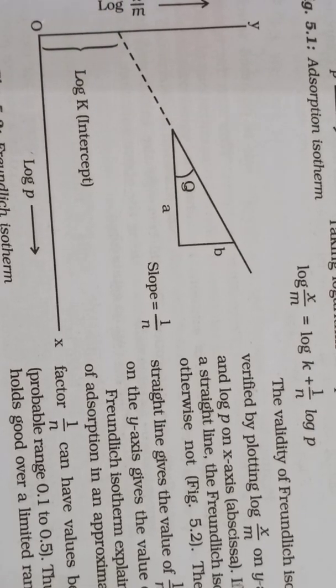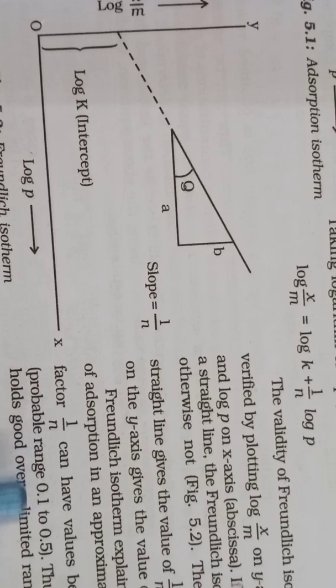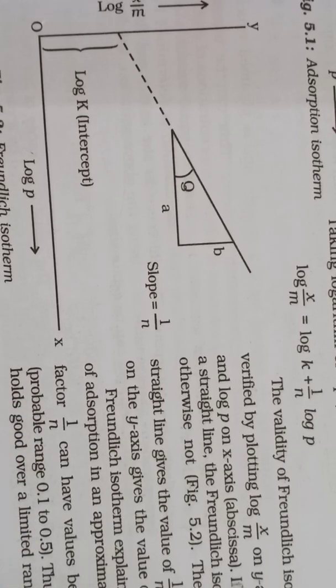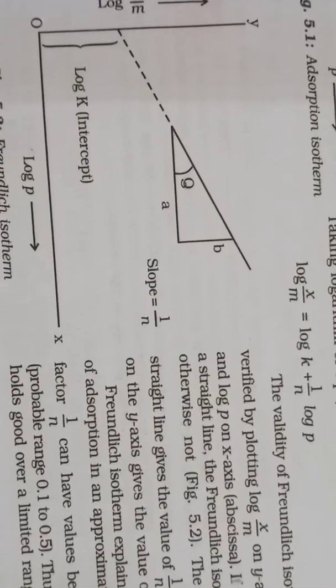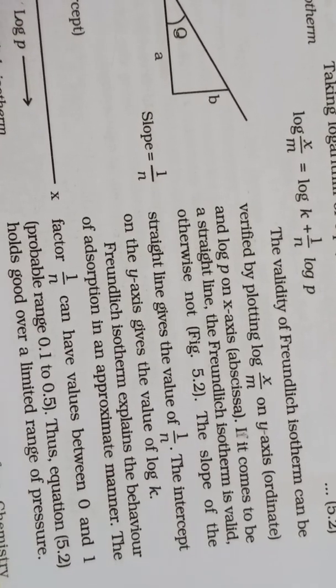So when this isotherm explains the behavior of adsorption in an appropriate manner, the factor 1 by n can have a value from 0 to 1. And this equation holds good over a limited range of pressure. Up to a particular pressure, it may hold.